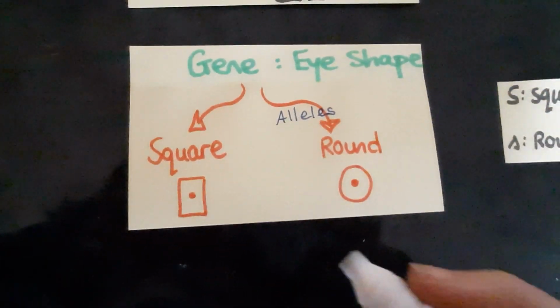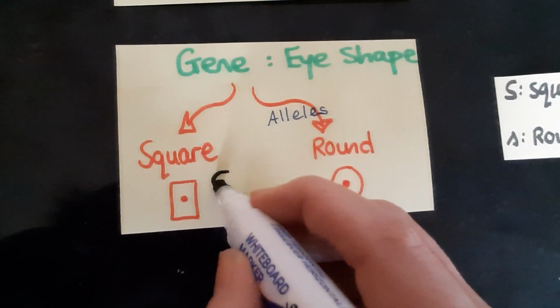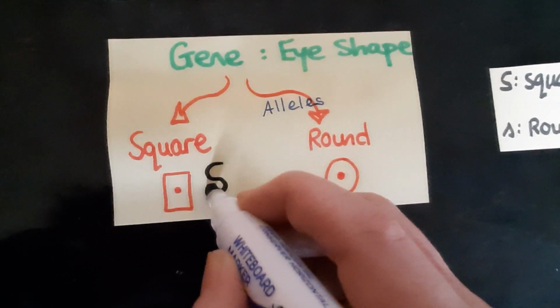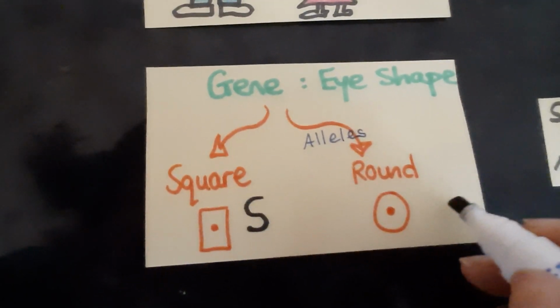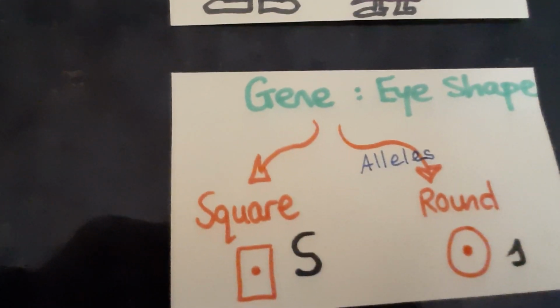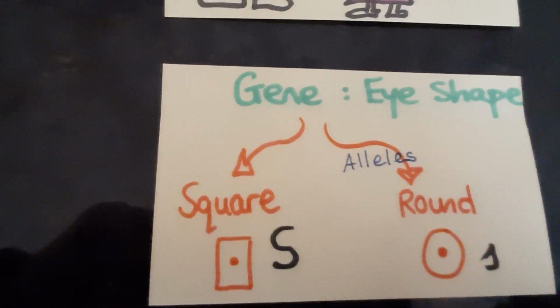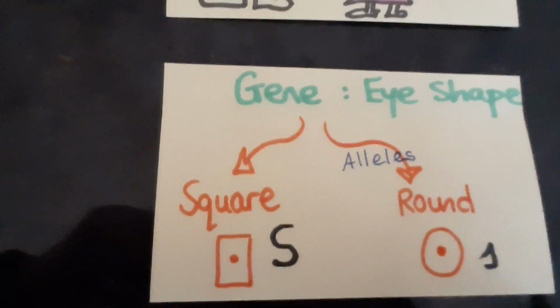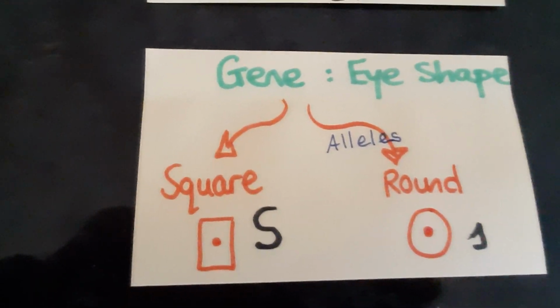We had mentioned earlier, just in case you've forgotten, that for the dominant gene we use its first letter. So we're going to use a capital S for square, and for round we're just going to use a small s. I'm going to make my s very obvious, using my joined writing for the lowercase s, because square was dominant to round.